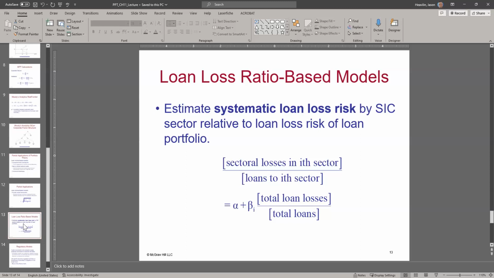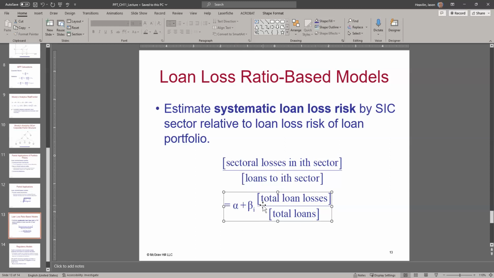We also have loan loss ratio based models. Pretty much it estimates the systematic loan loss risk by SIC sector. The SIC code lets you know the sector and industry relative to loan loss risk of the loan portfolio. So this piece here is equal to this.